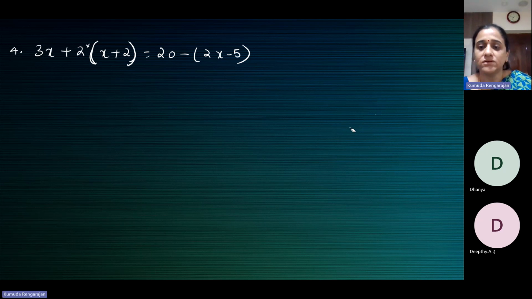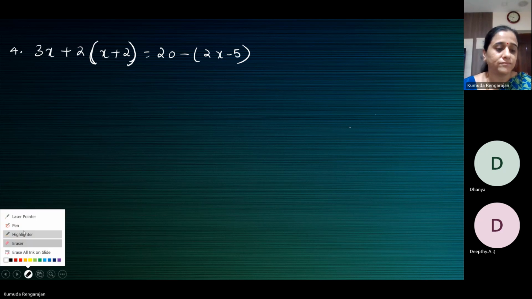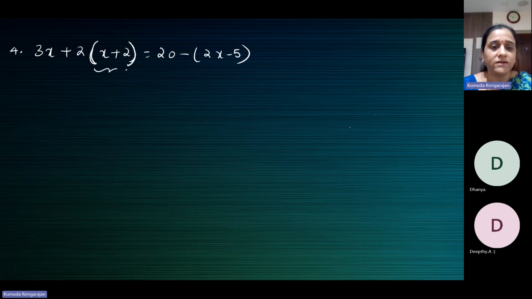So we'll apply this here. Bracket. You're looking out of the bracket. There is no plus or minus sign here. So you jump here. Yes, there's 2, but you want a sign. So then you jump here, plus 2.